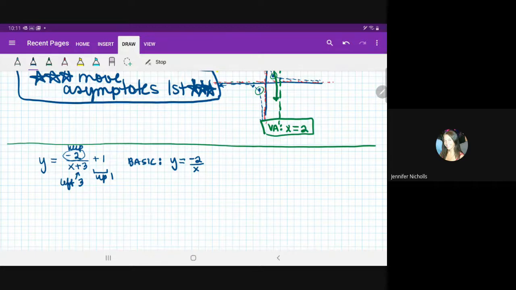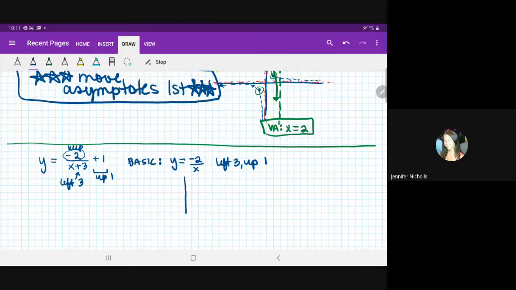So I have a cleaner graph, and then I'm going to go left 3, up 1. I could do y equals 1 over x, and then do a vertical stretch, and then do a reflection, but I don't want to do that. So instead, I can use this as my basic graph. So it'll look like the boomerang, but it might not be the exact boomerang that I was looking at in the other ones, but it should resemble a boomerang.